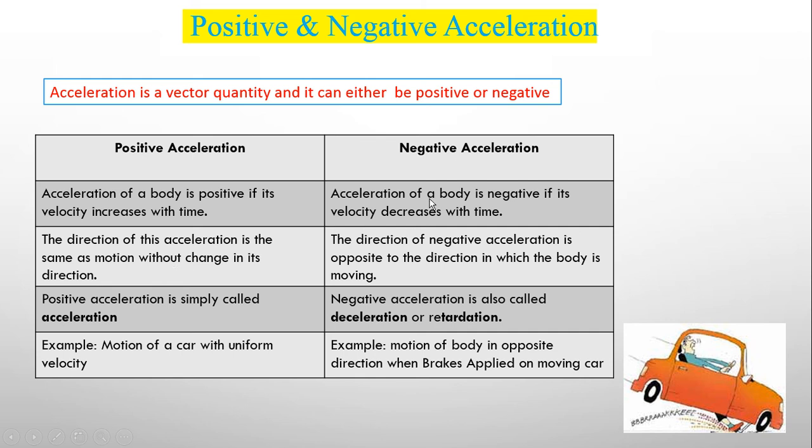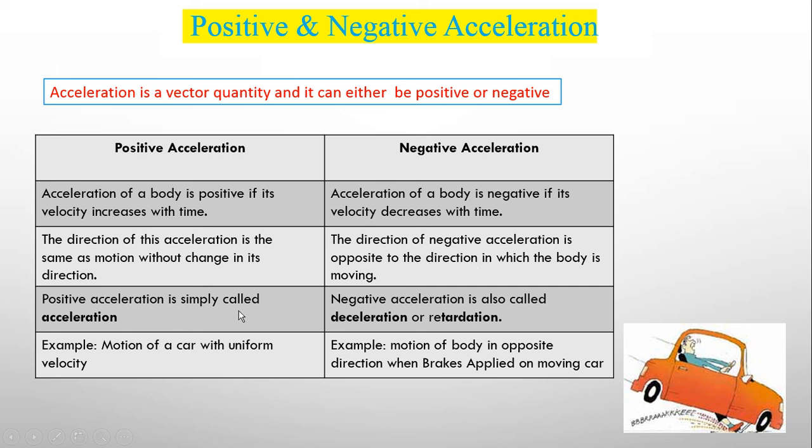For negative acceleration, the direction is opposite to the direction in which the body is moving. As in the example I quoted earlier, when you apply the brakes on the car, you feel a jerk in the opposite direction to the motion. You can see here, your body movement is in the opposite direction to the motion of the car.